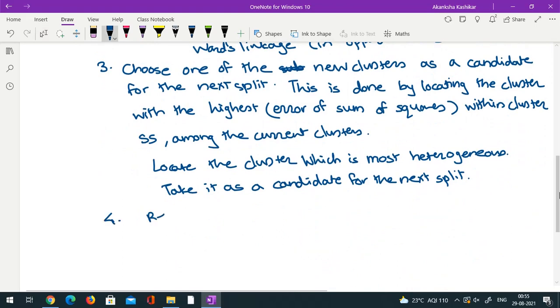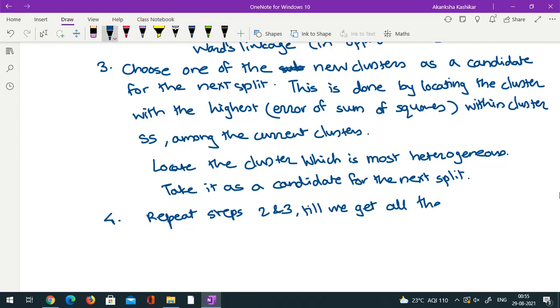So repeat steps 2 and 3 till we get all the observations in their own clusters, all the observations as separate clusters. That is, till we get n clusters.